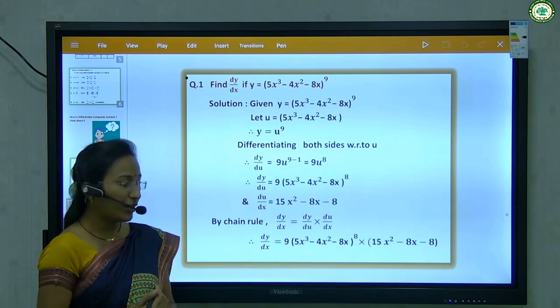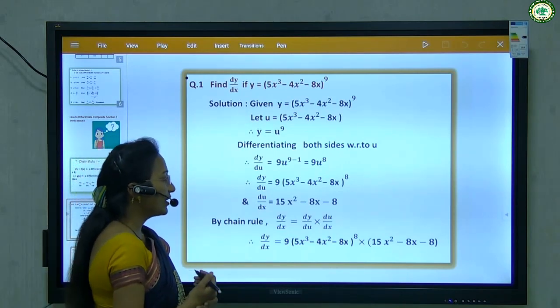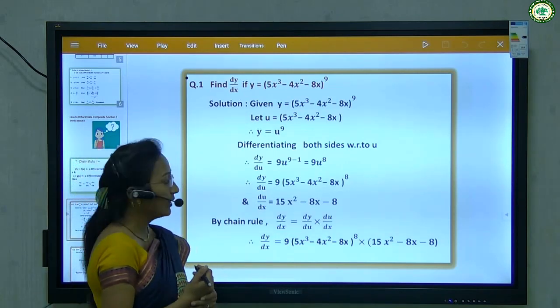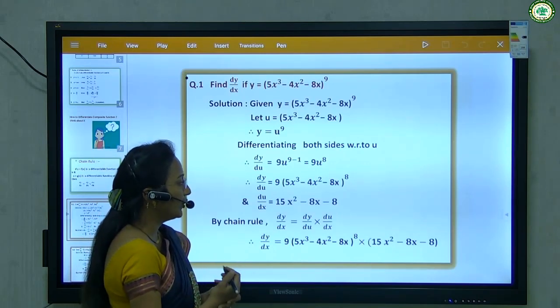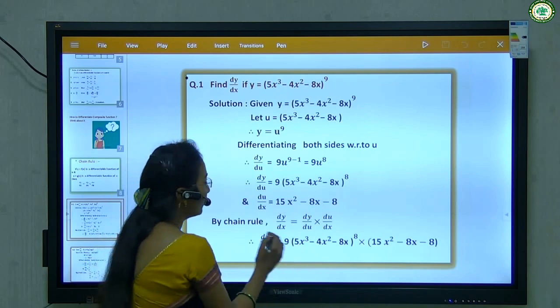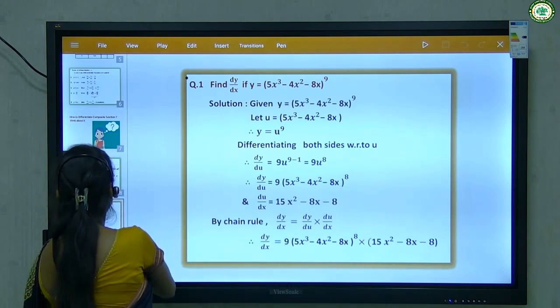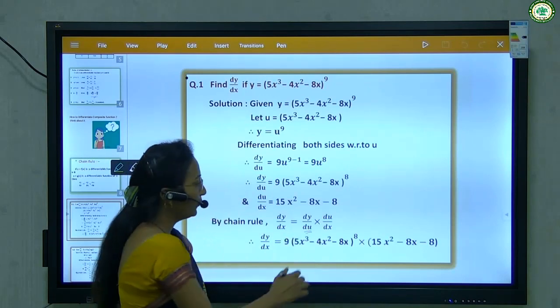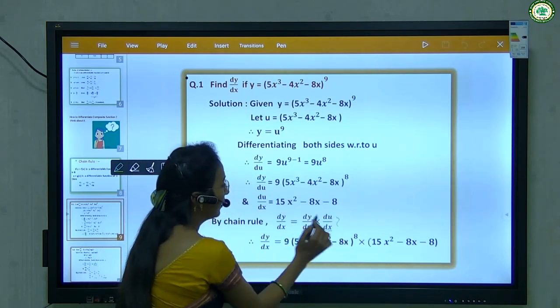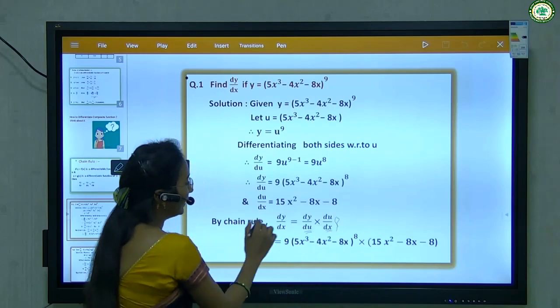Now apply the chain rule. We know that the statement of chain rule is dy upon dx is equal to dy upon du into du by dx. Now put the value of dy upon du into du by dx in this formula. We get dy upon dx.